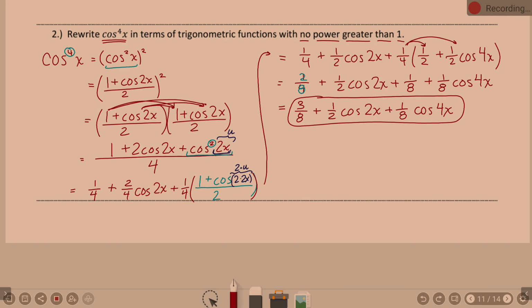Now, if we could add all these, what would be the common denominator with the fraction? An 8. So if I rewrite this for visual purpose, 3/8, 1/2 is 4/8 cosine 2x plus 1/8 cosine 4x.